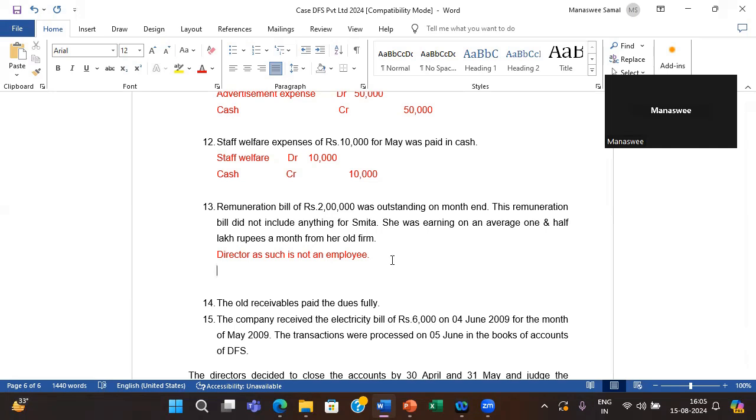So for remuneration I'll just have employee benefit. This is the corporate language. You check any listed company's P&L, this is the heading.